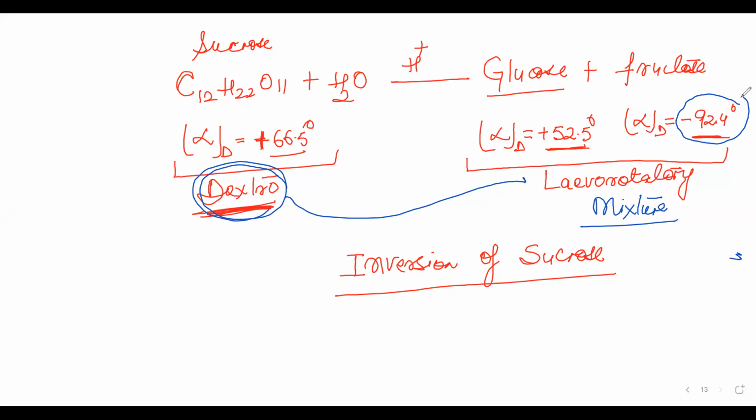So this phenomenon is called as inversion of sucrose, and hence sucrose is sometimes also called as invert sugar. पहले इसको अच्छी तरह से देख लो, then I will explain the whole phenomenon. I will dictate it what is to be written. ये कुछ क्लियर हुआ आपको?